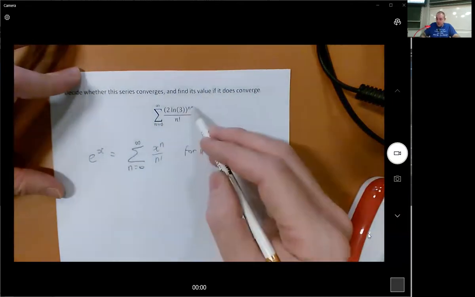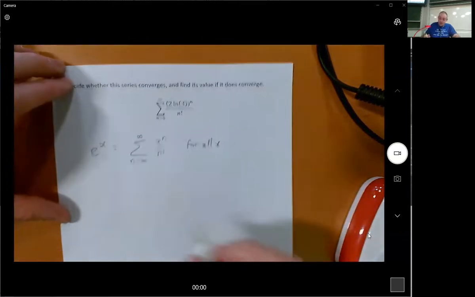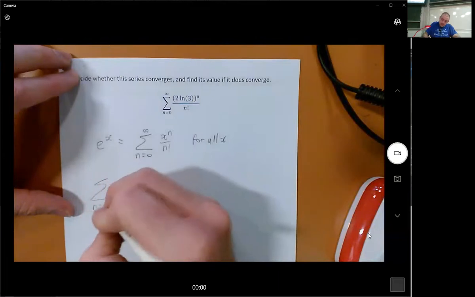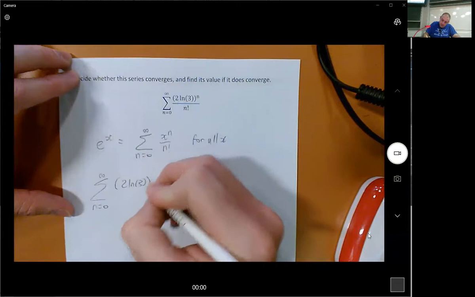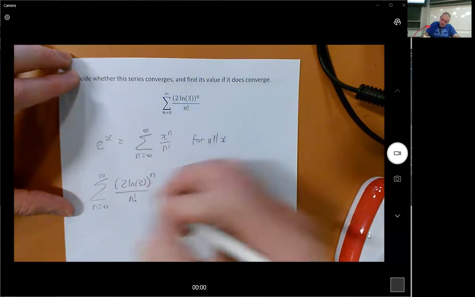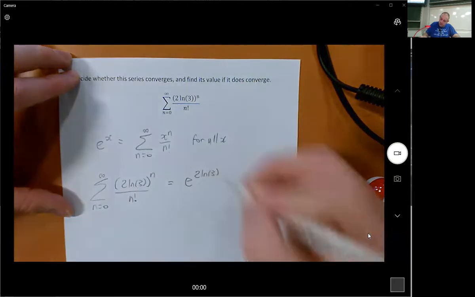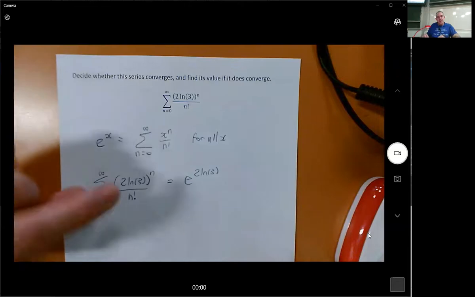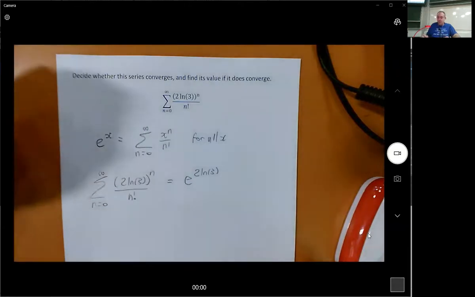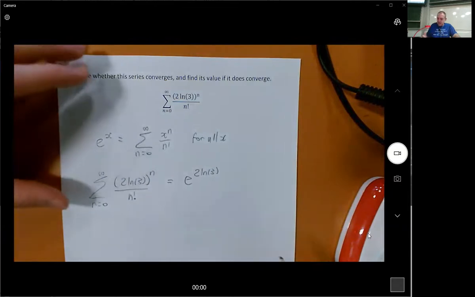I've got thing to the power of n over n factorial, so this must be e to the power of whatever that number is. So this is e to the power of 2 ln 3. Awesome. I could stop there, but the fact there's an e and an ln means that something should sort of wipe each other out, so I'm going to see if I can deal with that.